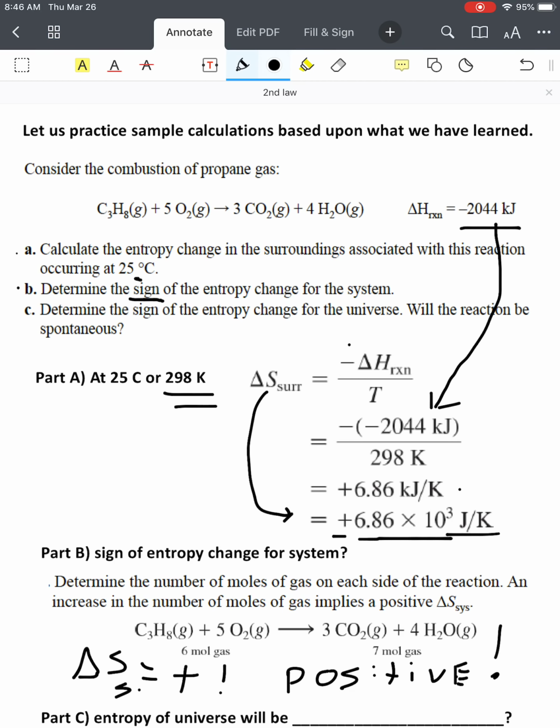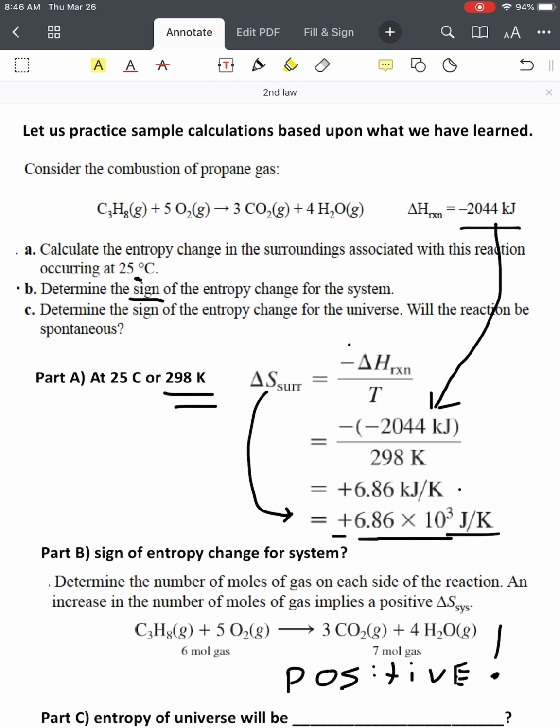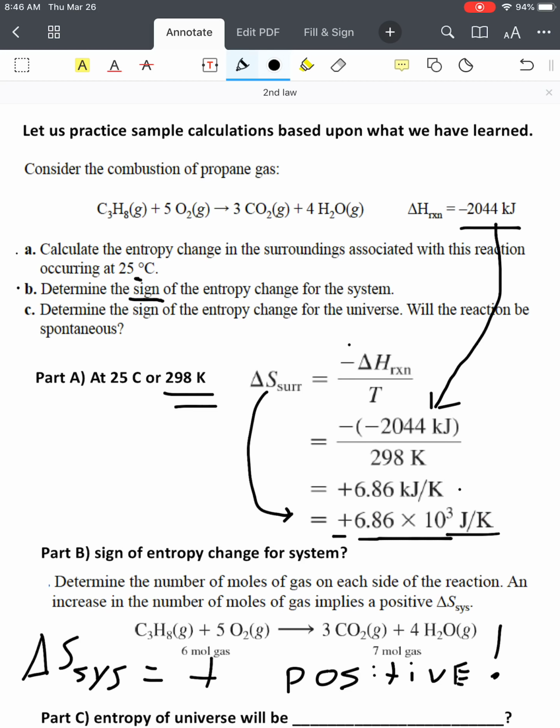So my delta S system is going to be a positive number. So my delta S surroundings is positive. My delta S system is also positive.